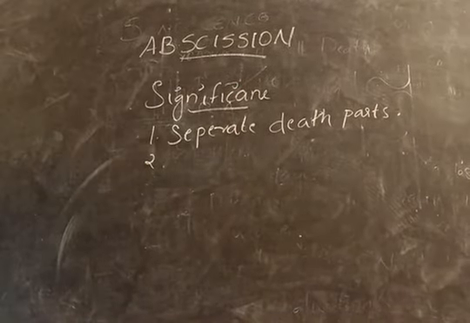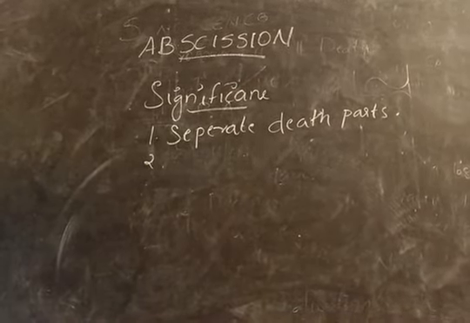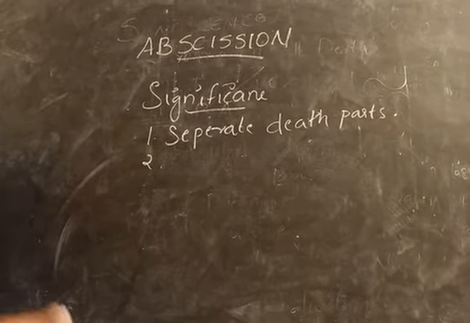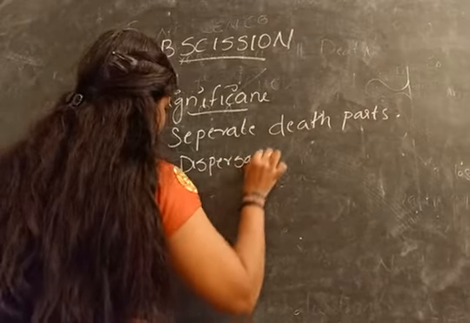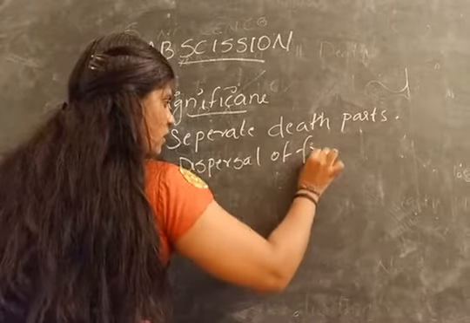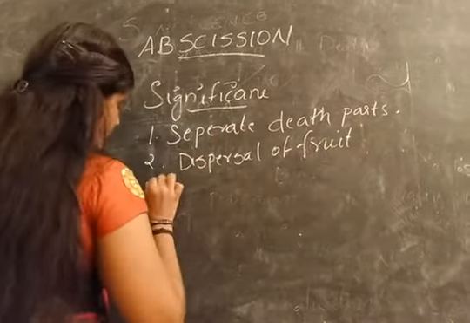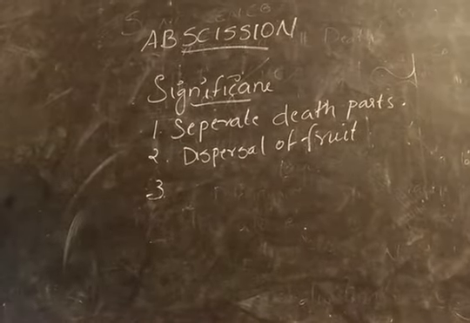The second one is that it helps in the dispersal of fruits and continuing the life cycle of plants.